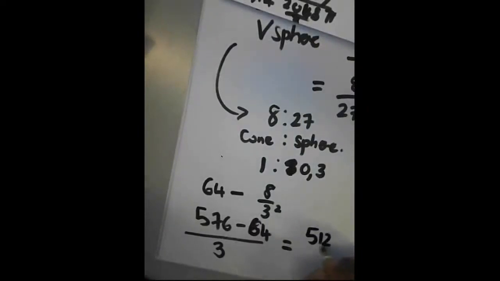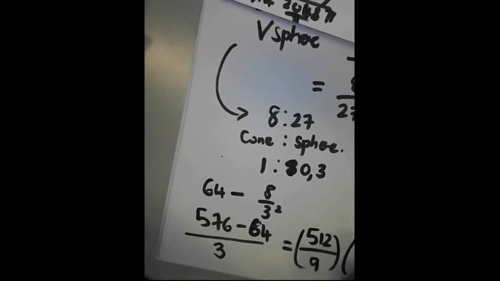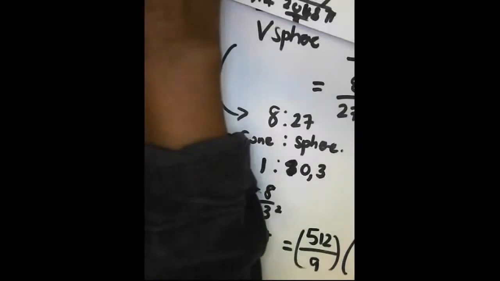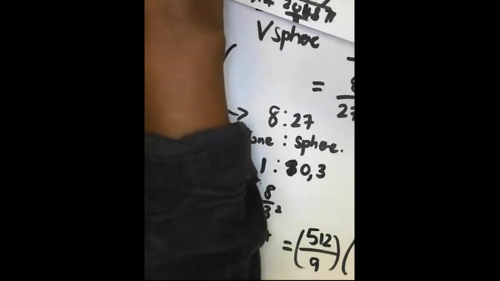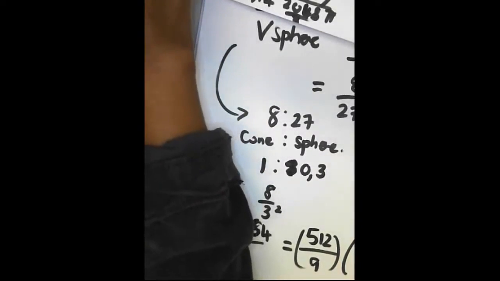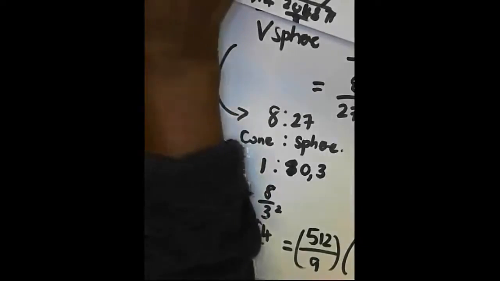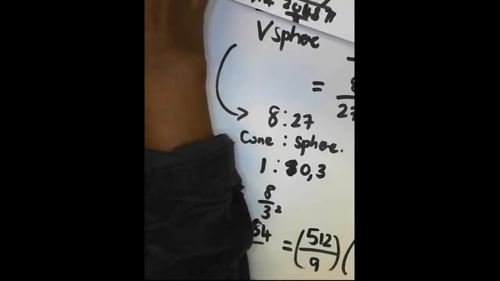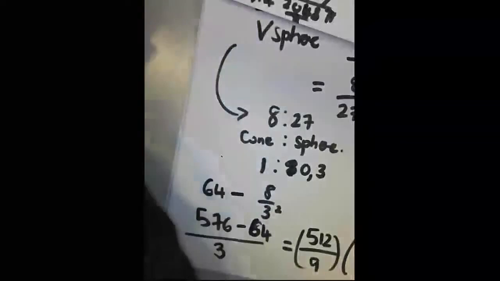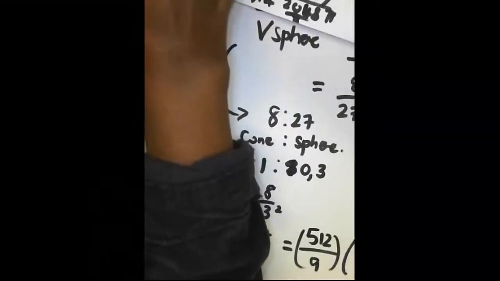Yeah, right. It is 512 over 9 times by 32 over 3. So 512 times 32, divided by 27.